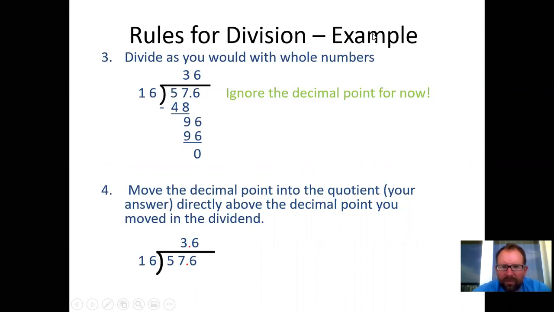Then what we have to do is bring this decimal up. Okay? It's got to go up, and then it will become 3.6. Because what you got to think about is if I divide 57 by 16, it's not going to be 36.